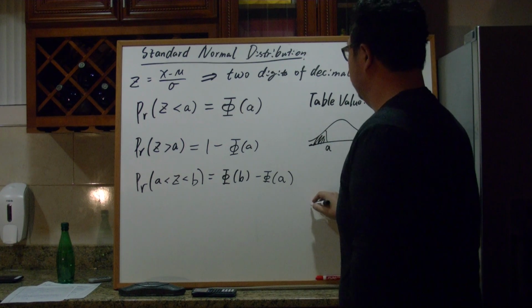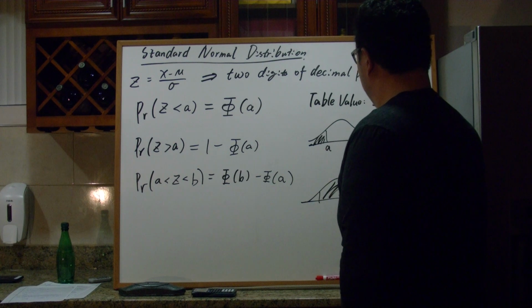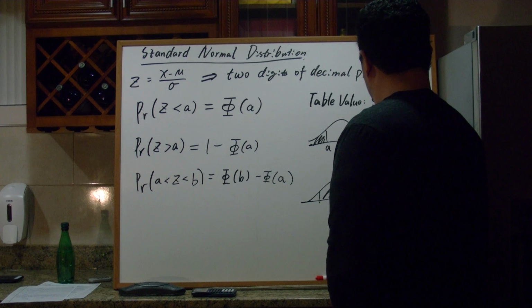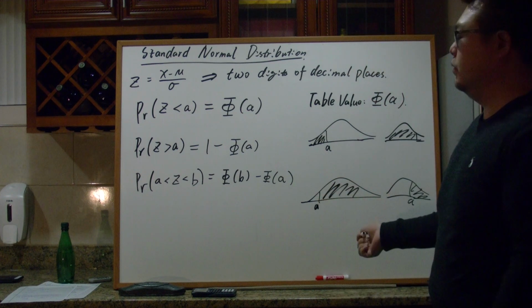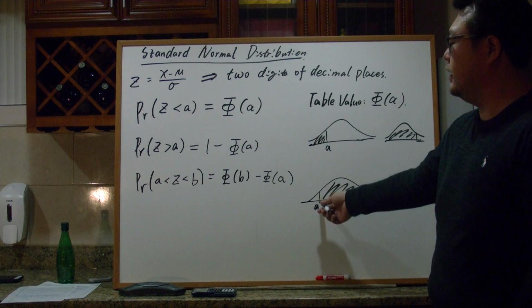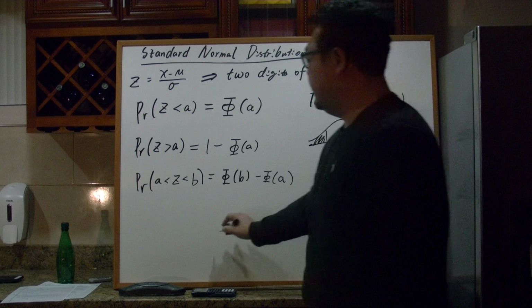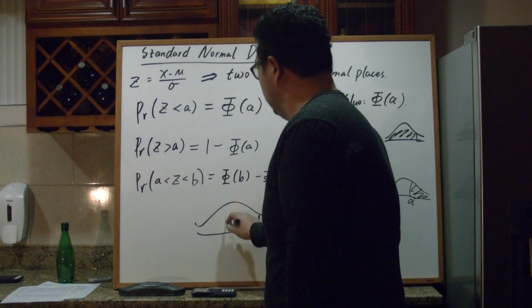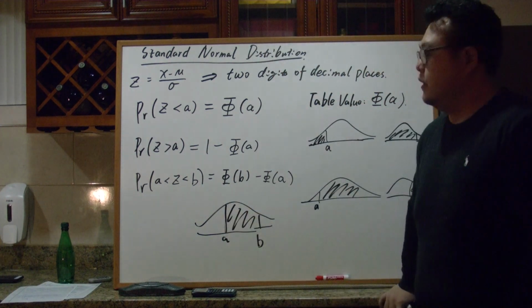And the second, to be greater than A, the middle is always 0 for the standard normal distribution. To be greater than A is to the right of it, and in between is the shaded part in the middle.